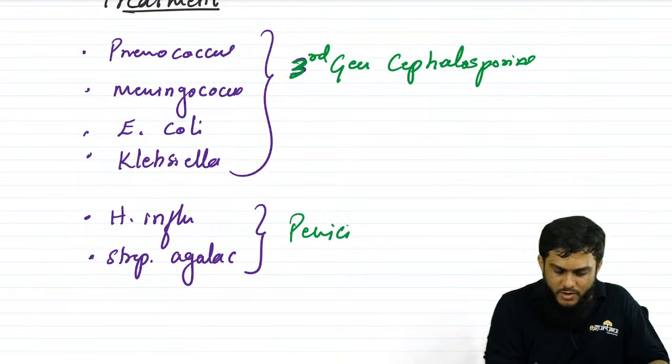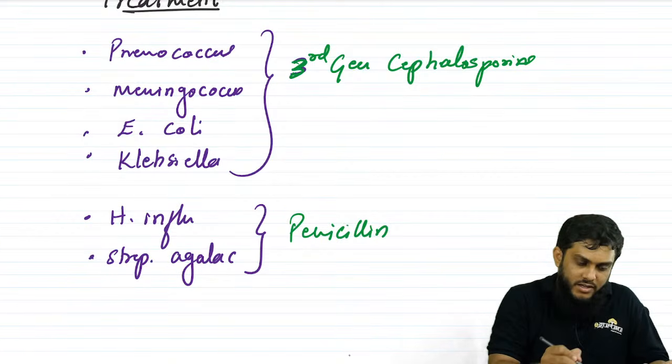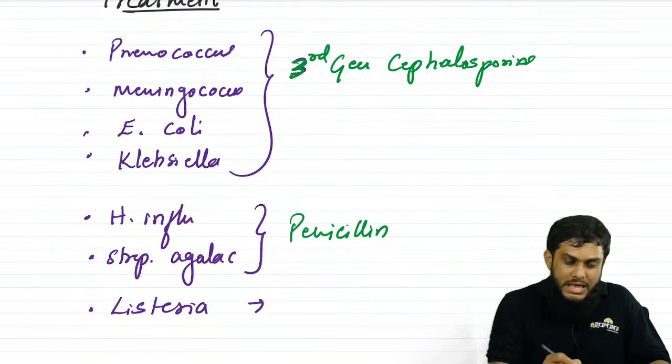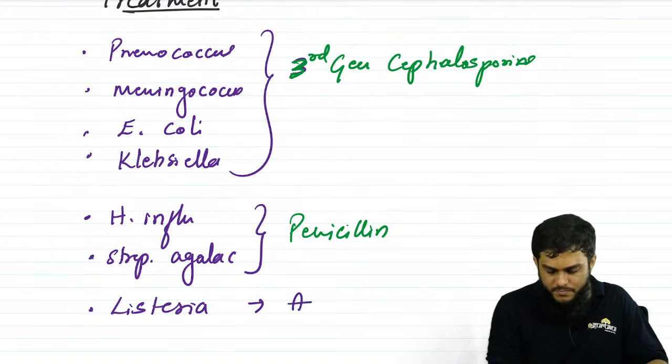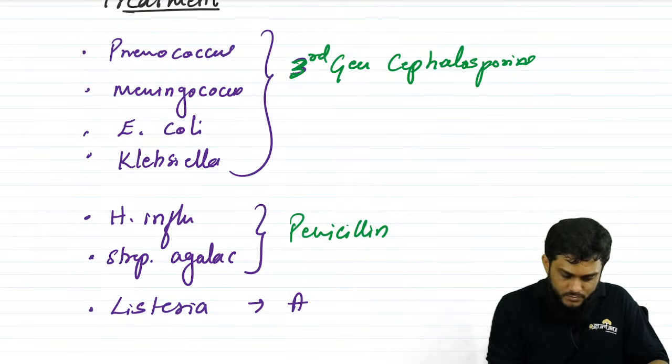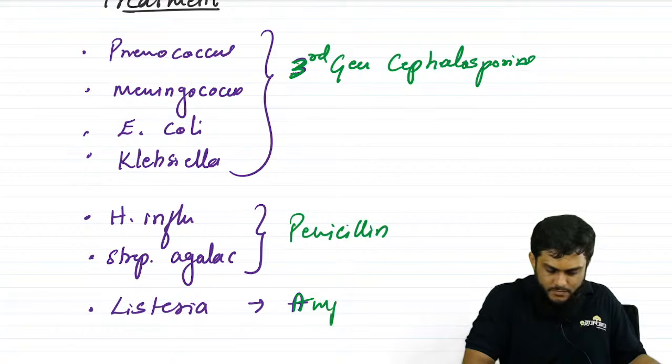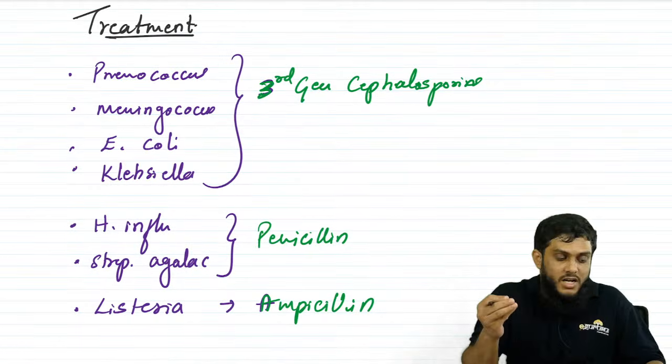Then the last bacteria which causes meningitis is Listeria, where we use penicillin, but nowadays ampicillin is preferred. This is about the treatment of the bacteria which cause meningitis.